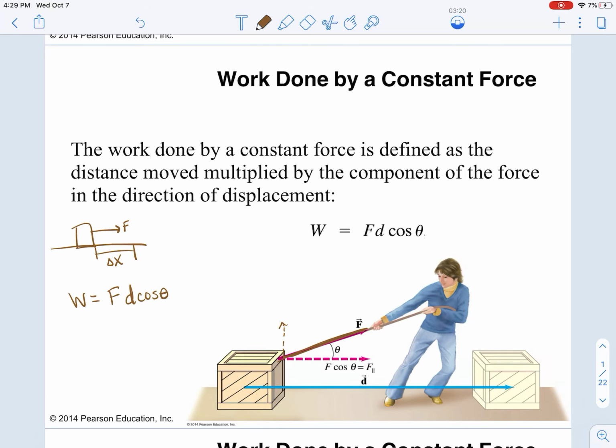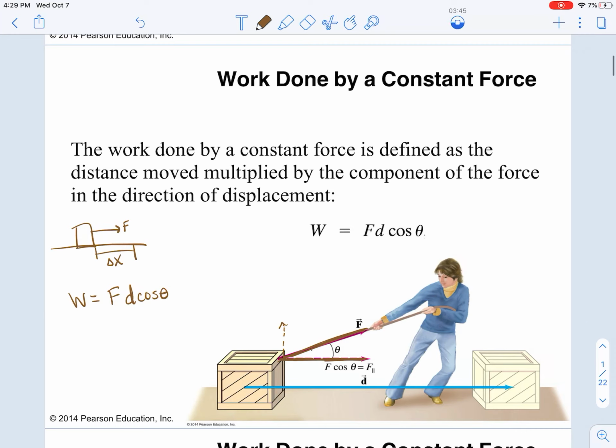So that means that it's simply the horizontal component of her force, the one that is parallel to the ground, parallel to the direction that the crate is moving, which would be parallel to the ground in this example. So that is going to be the force component that's actually going to be used in order to create the work.